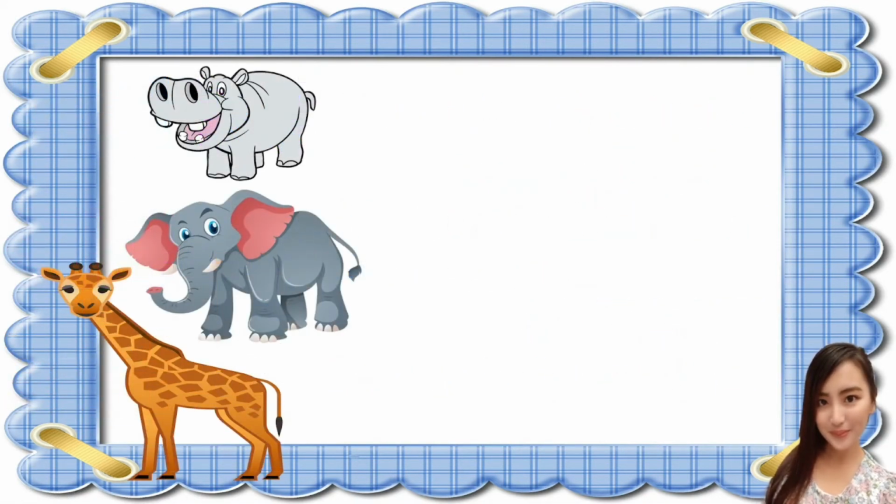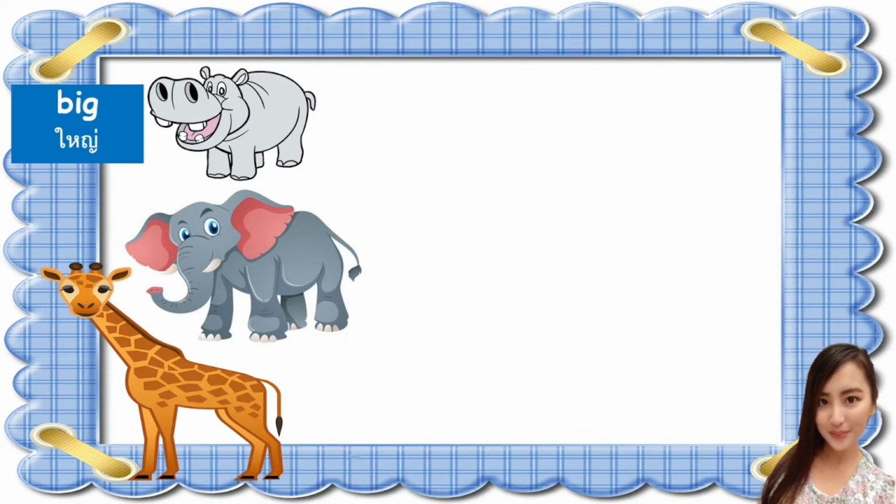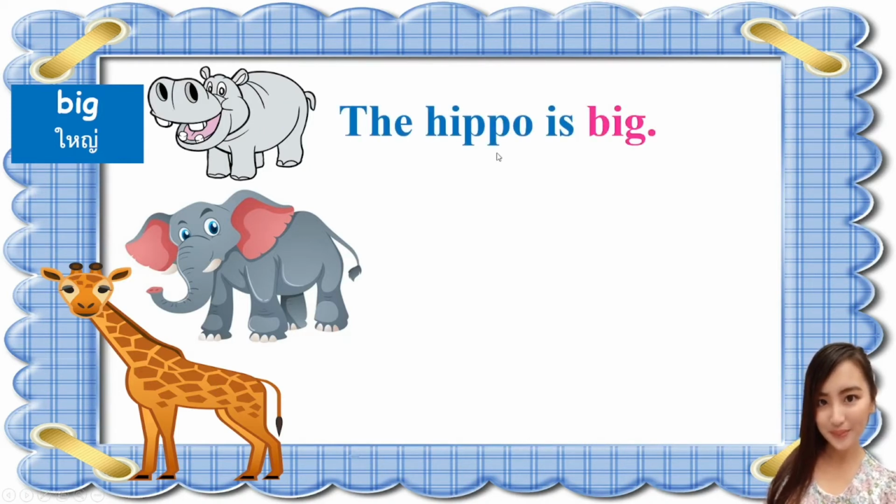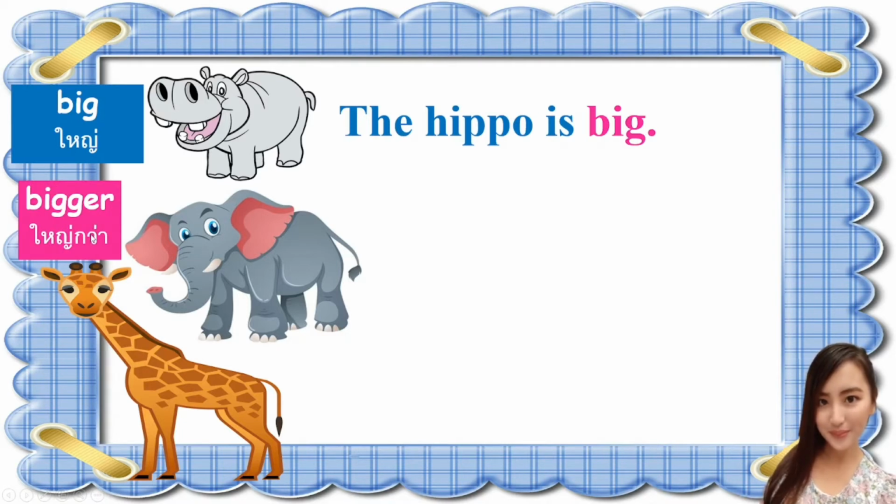Another example, big. Okay, so in here we have hippo, elephant, and giraffe. The hippo is big. So big is the adjective. Next we have bigger.